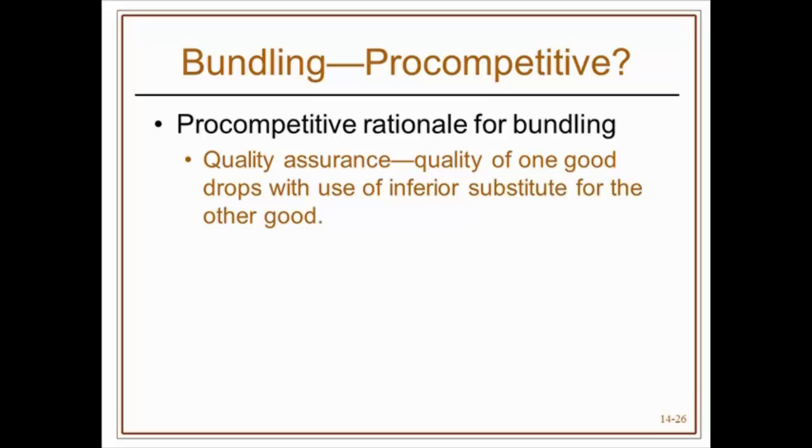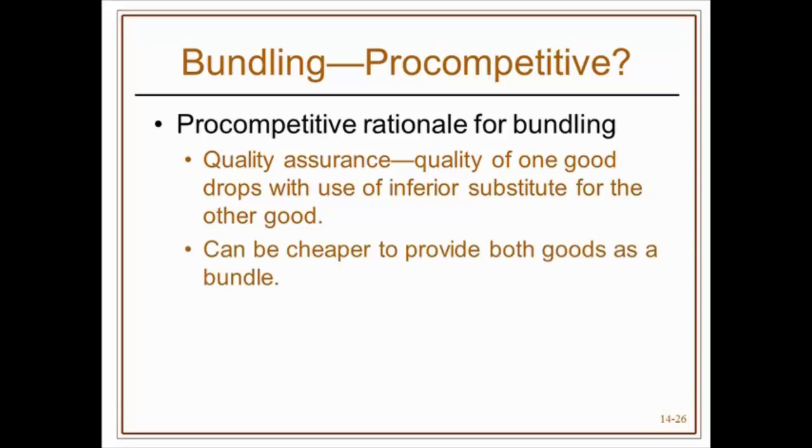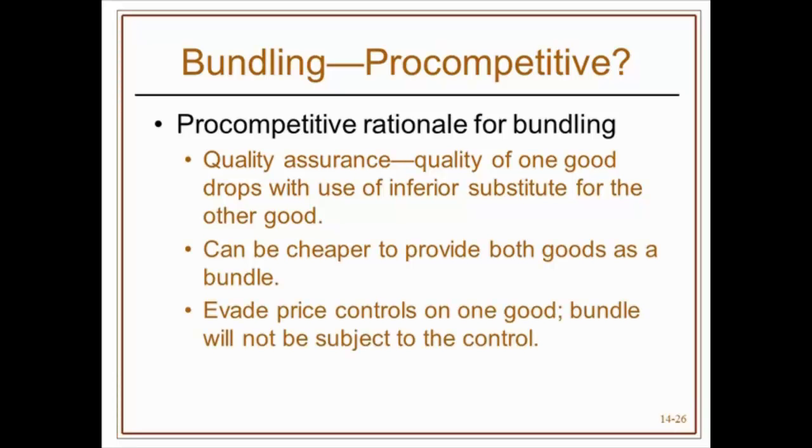And so the quality of one good is going to drop if you use some other substitute for it. And it may actually be cheaper to provide both goods as a bundle than to try to sell them separately. And so obviously consumers would prefer being charged a lower price if they can get it. The company may also be subject to some price controls on one type of good, but if they bundle it, then the bundled good may not be subject to the control.